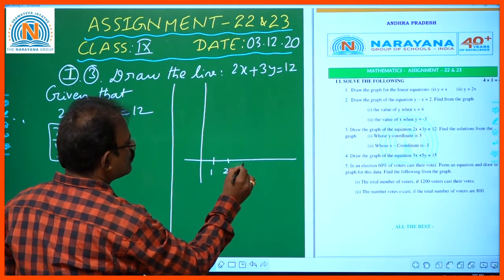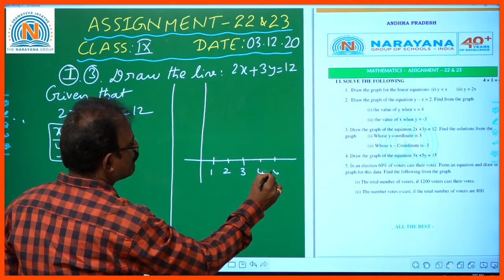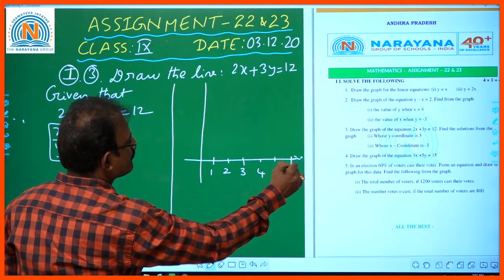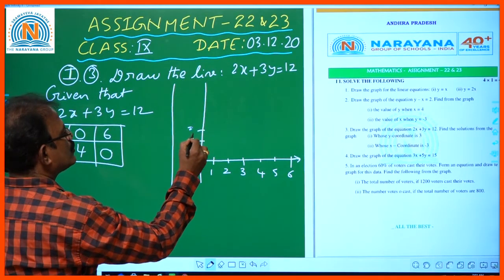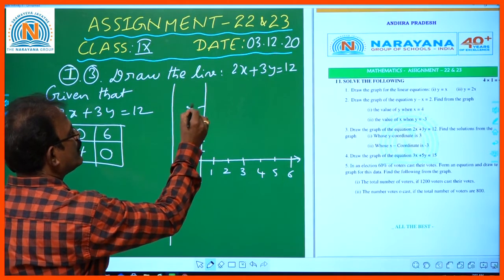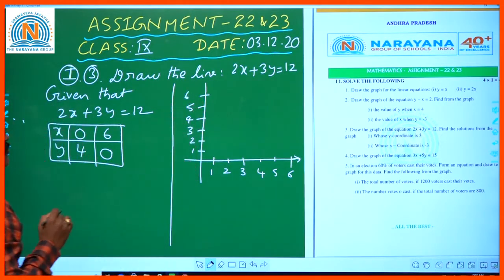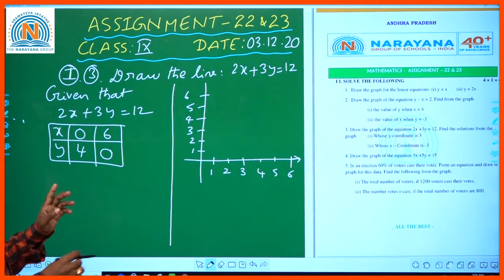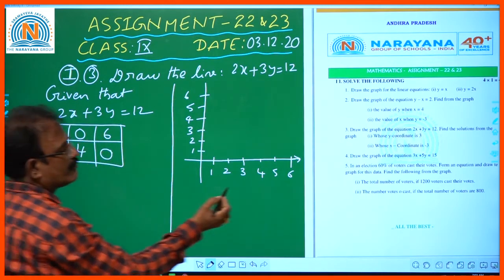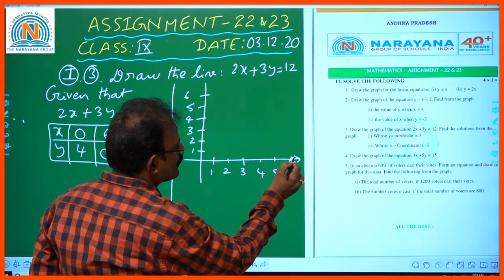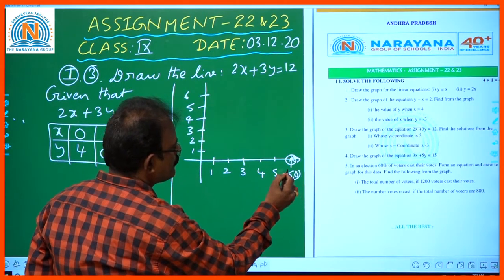1, 2, 3, 4, 5, 6. Now, x equal to 6. When I am taking y as 0, straight away x is equal to 6, this is 6 comma 0.